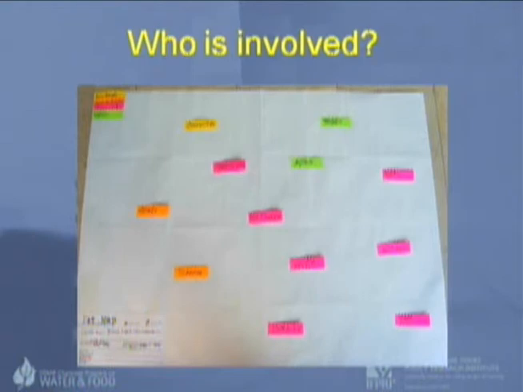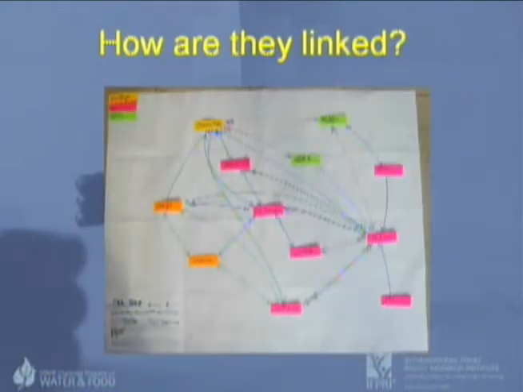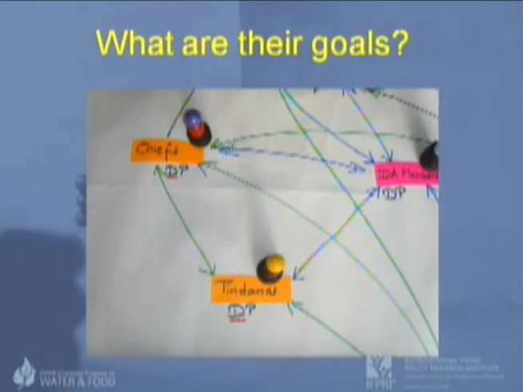And the way it goes is that first question is, who are all the actors that are involved? You put all these actors on a map, their actor names, and color-coded by the organization that they belong to. The next question is, how are they linked? So how does the information move from the dead bird to the next level and then up to the next level? And how does the intervention come down? What are their goals?